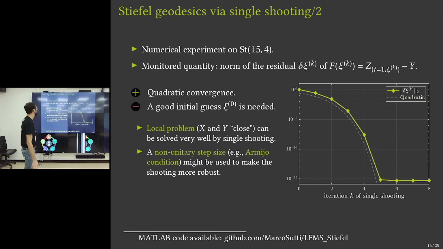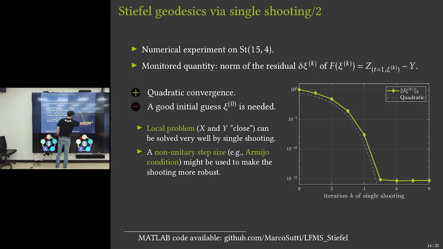And I just want to show you what its convergence behavior looks like. This is a very simple numerical experiment on the Stiefel manifold 15(4). There is no particular reason why I chose these parameters. It is just to have an example and to show that the monitored quantity, which is the norm of the residual of that nonlinear equation, goes to 0, and it goes to 0 quadratically.